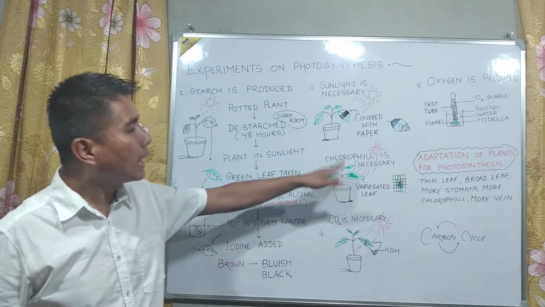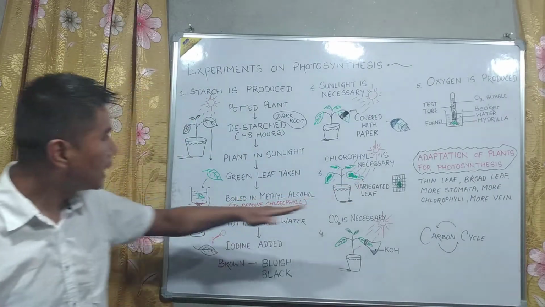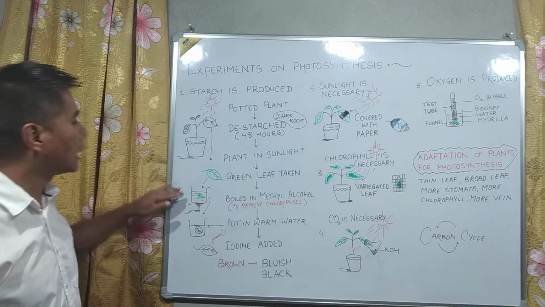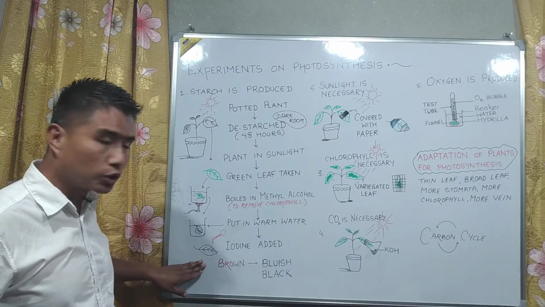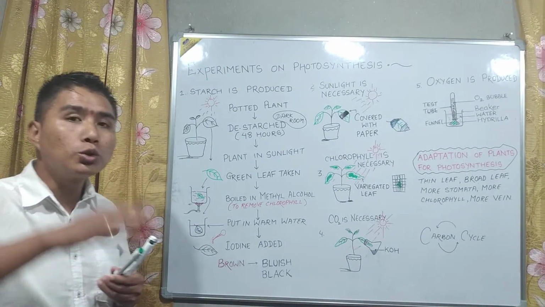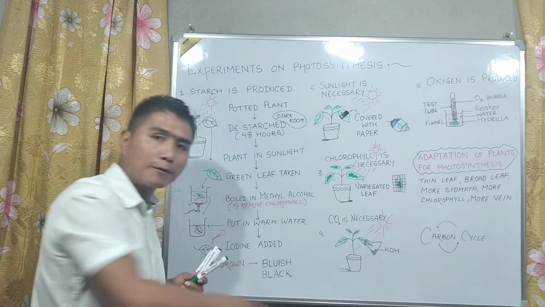Photosynthesis takes place. After that, the variegated leaf is taken and put in alcohol, then in warm water, and then iodine is dropped. When iodine is dropped, only those portions which were green in color will show a change in color from brown to bluish black.